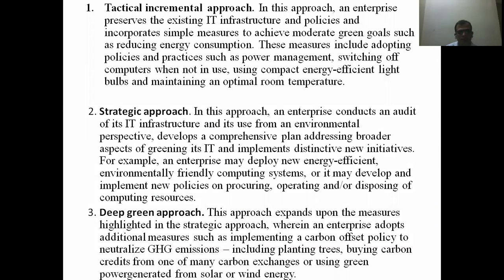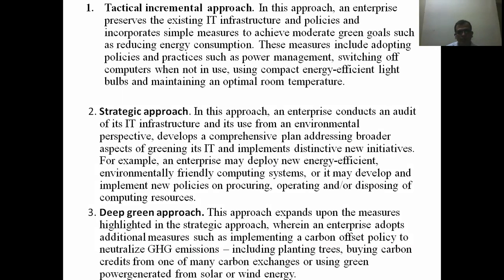Next, there are three approaches that can be used. First one is the tactical incremental approach. In this approach, an enterprise preserves the existing IT infrastructure and policies and incorporates simple measures to achieve modern green goals, such as reducing energy consumption.